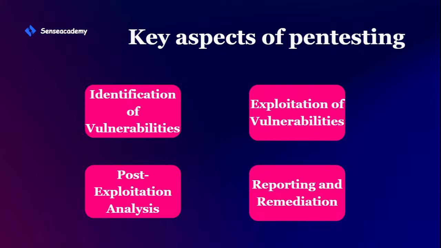Identification of vulnerabilities is your pre-hacking phase, whereas exploitation talks about actual hacking. So when the attacker has gained access or is trying to gain access on the system or on the network, that is exploitation.